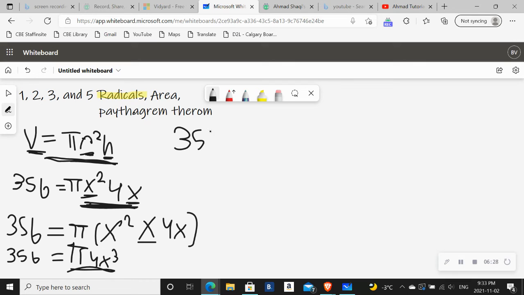So 356 equals pi. I'm just going to do this for emphasis on what we're doing, because this right here, if they're right beside each other, that means multiplication, no matter what. There's no plus, there's no minus, there's no division symbol, there's no fraction going on.